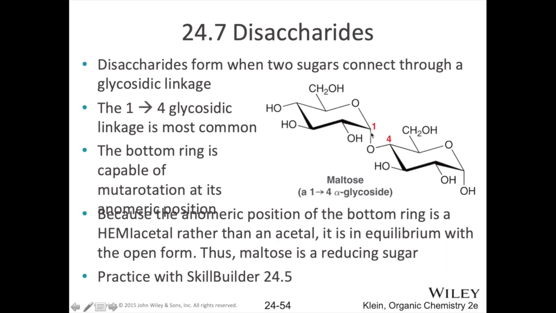That alcohol group was pointing downwards. So you can see that even in these 2 monosaccharides linked together, the oxygen is pointing downwards. So you can tell that that used to be your anomeric OH group, and it's in the alpha position.